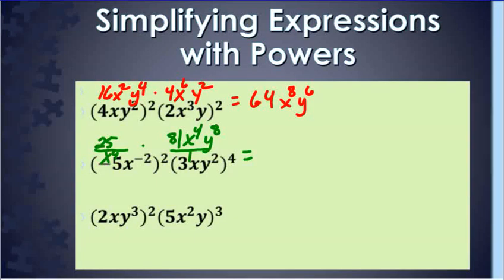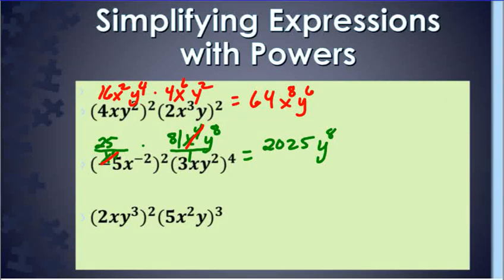Now if I write my answer, I have 25 times 81, which is 2025. X to the 4th divided by x to the 4th. When we divide like bases, we subtract, so 4 minus 4 is 0. X to the 0 is just 1, so the x's cancel out. And then I have y to the 8th. So that would be my answer there. And we'll just cross off the x's so you know that those cancel each other out.